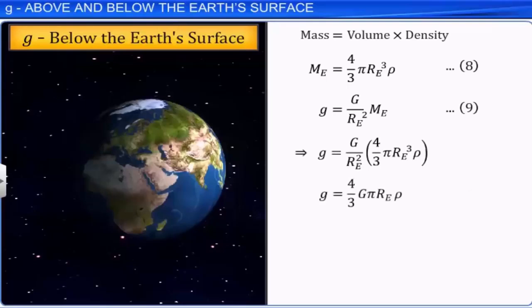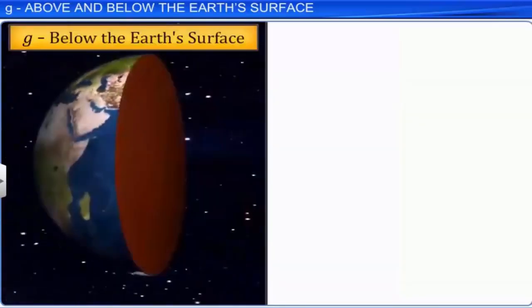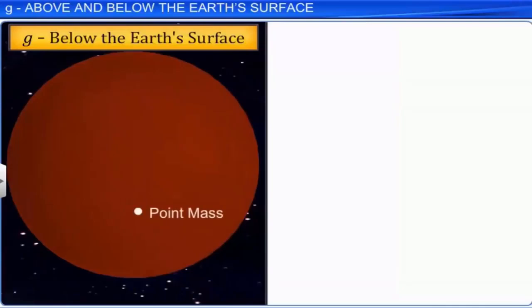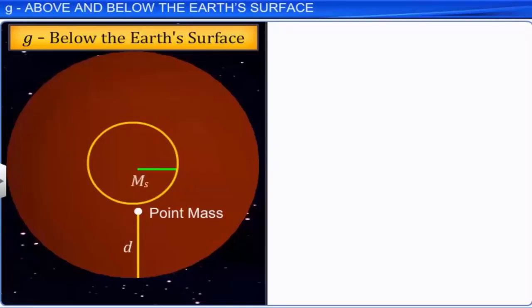Now, consider a point mass placed at depth d below the surface of the Earth. The Earth is considered to be made of a concentric shell of thickness d and a sphere of mass Ms and radius Re minus d as indicated.